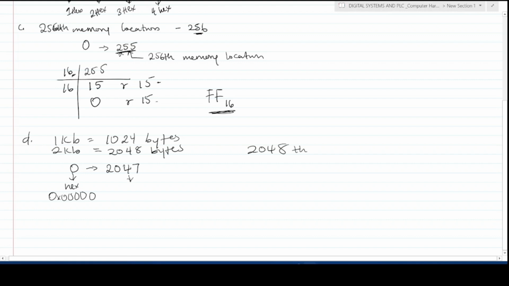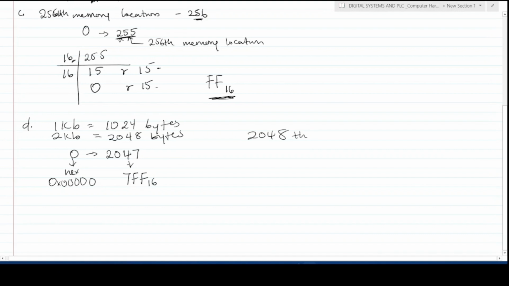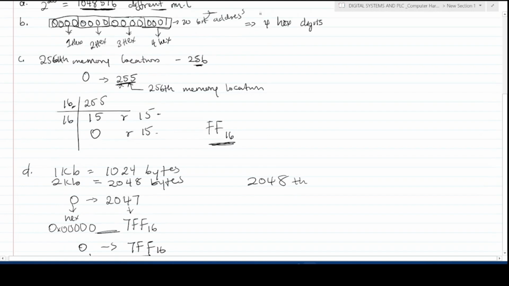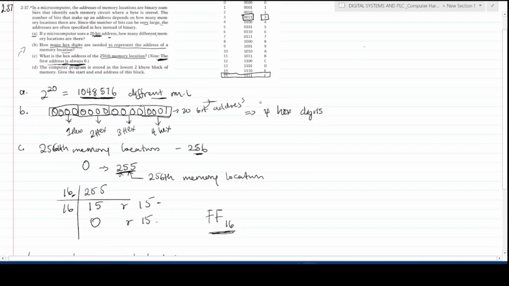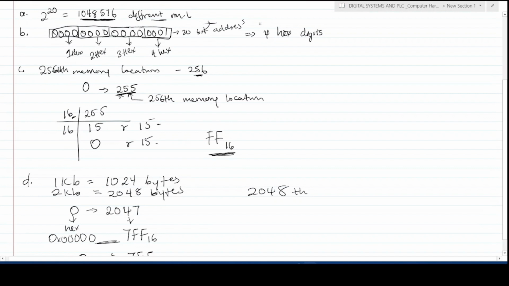And if you convert this to hex, you're going to get 7FF16. So therefore, this memory location starts from 0 to 7FF. This is the starting and ending address of this lowest 2 kilobytes. So that is all for today's class. I hope you have understood how to interpret this question and solve it. Thank you for listening.